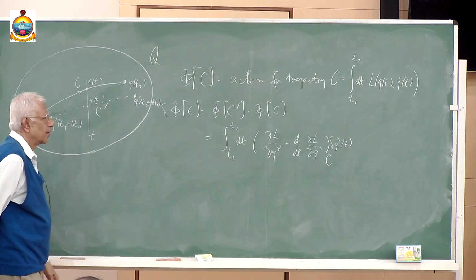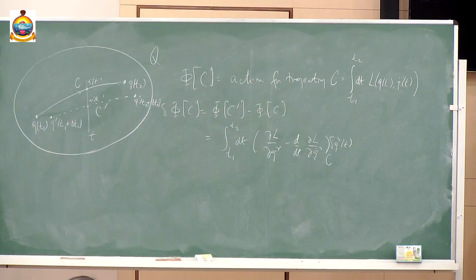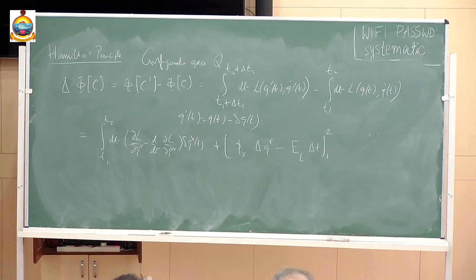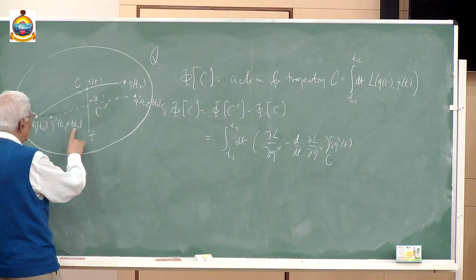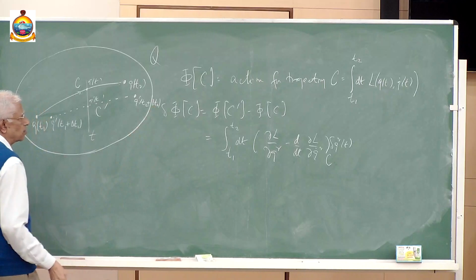Those things involve delta T1 and delta T2, the amounts by which you are allowing the initial and final times to change. So, this last term on the right with the minus sign is this contribution proportional to this delta T1 and this delta T2.